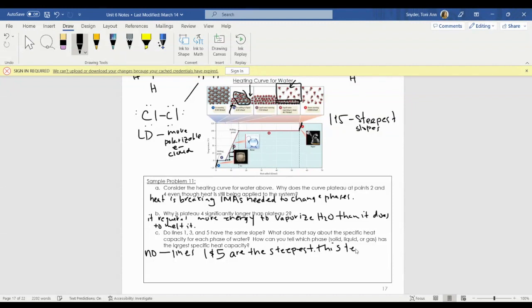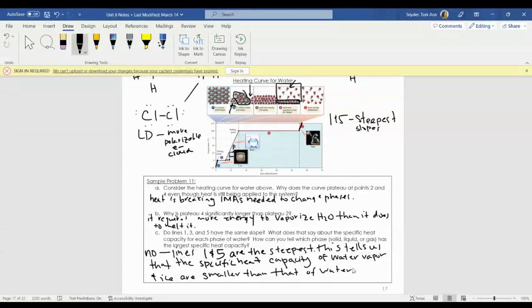This tells us that the specific heat capacity of water vapor and ice are smaller than that of liquid water.